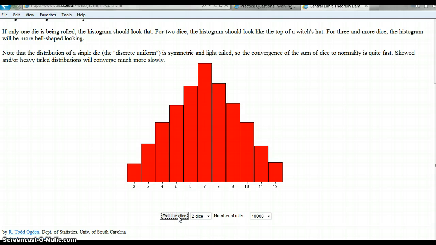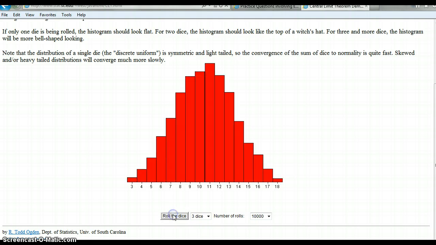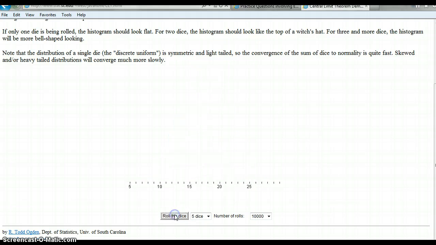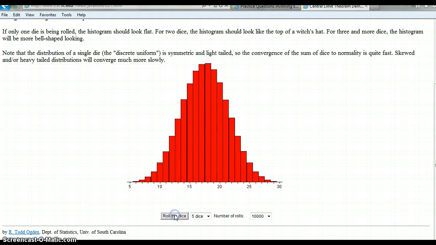If you do lots and lots of dice throwing, eventually it will be the same as the theoretical probability. This one is more approaching a bell shape, the 3 dice. Once you go to 5 dice, you get the most beautiful bell shape. Okay? Alrighty? I think that's enough for our brains at the minute.